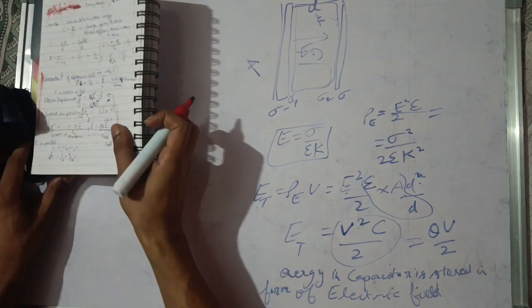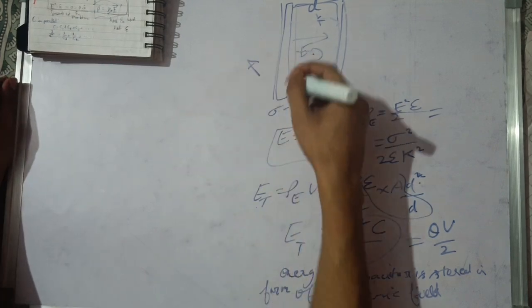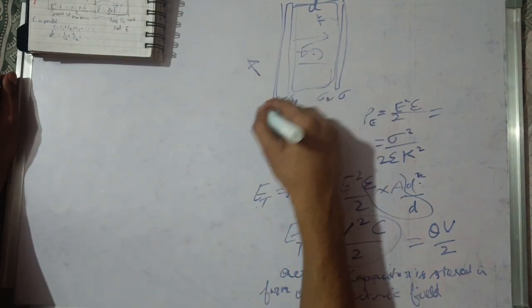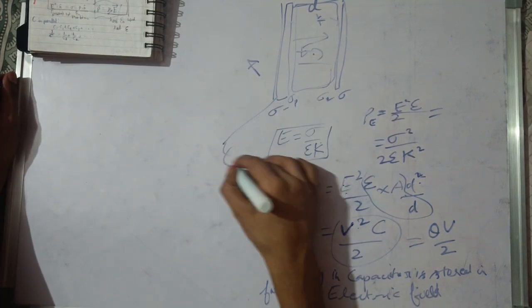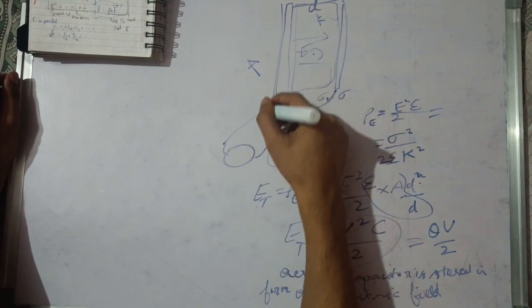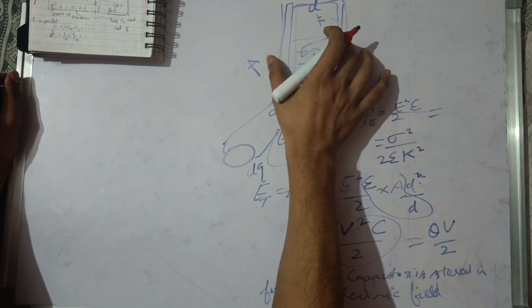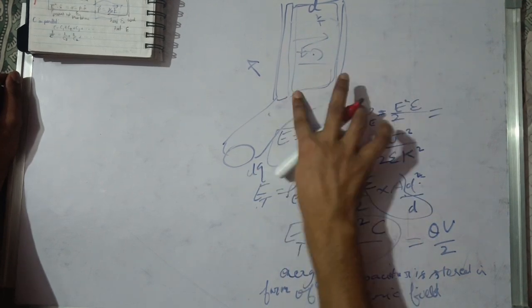Now let's talk about charging of the capacitor. Let's say there is a voltage source, a battery, here, and I am taking some dq charge from this side. Both sides are initially neutral.